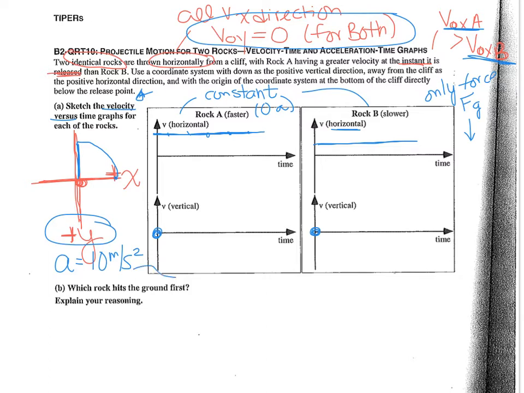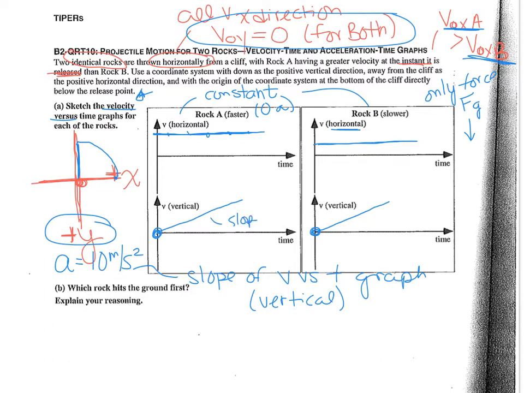So my acceleration is my slope of my velocity versus time graphs. And this is for the vertical velocity. And so I am going to have lines with a positive slope of 10 meters per second squared.